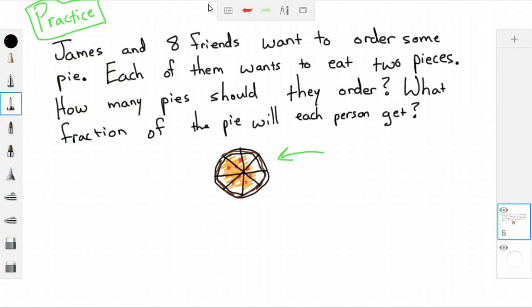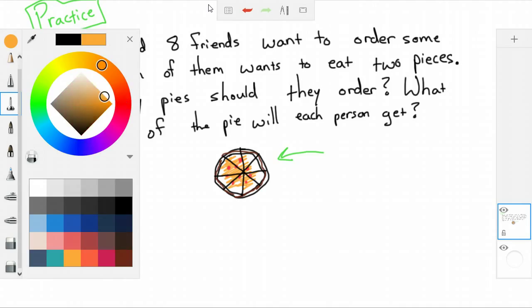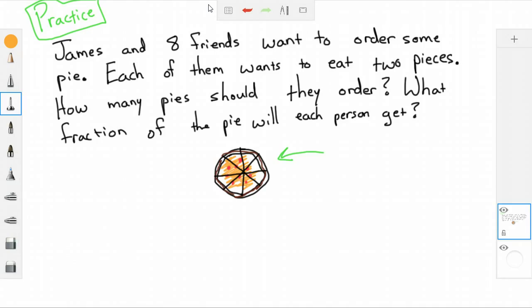Okay, so I'm going to assume that you are ready to check your work. Let's see how to solve this. Well, the first thing I need to do is look very carefully at the problem here. How many people are there? Well, I know that there's James and his 8 friends. That means that there's going to be 9 people.